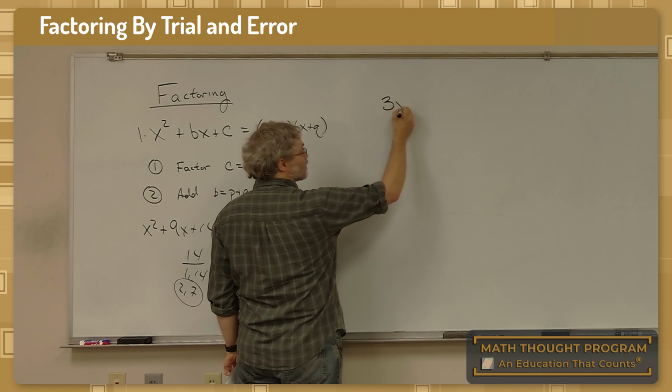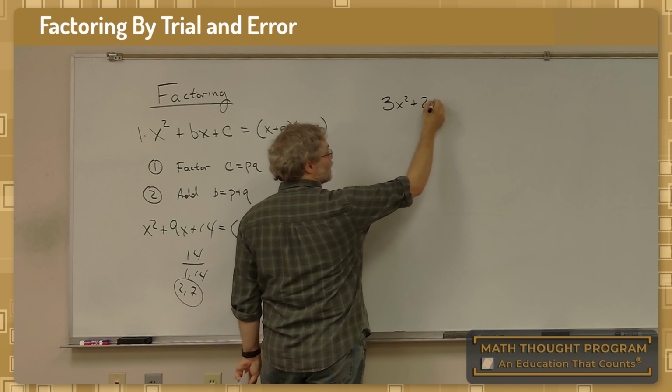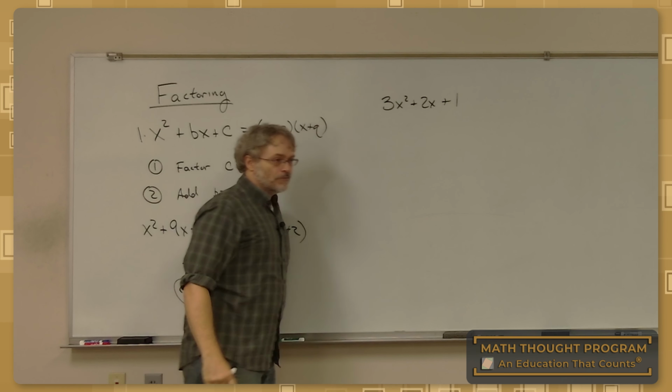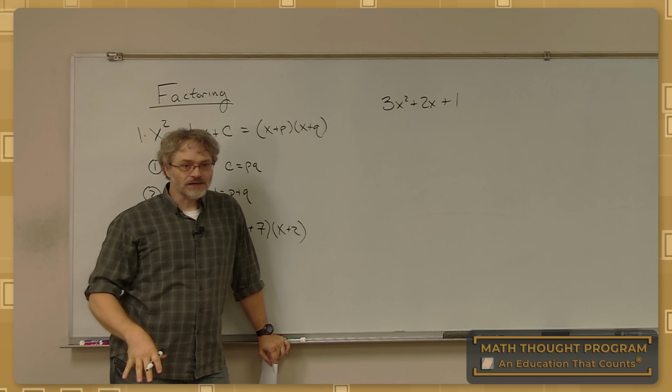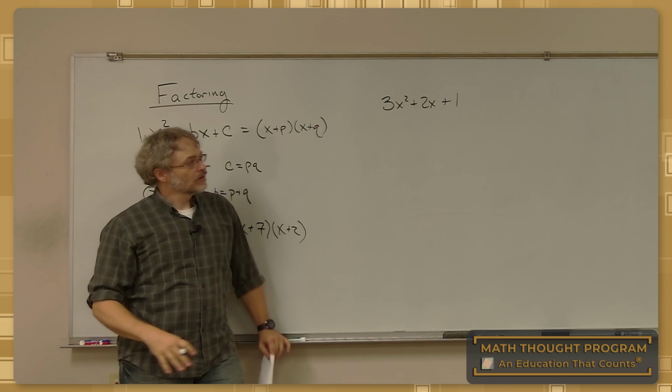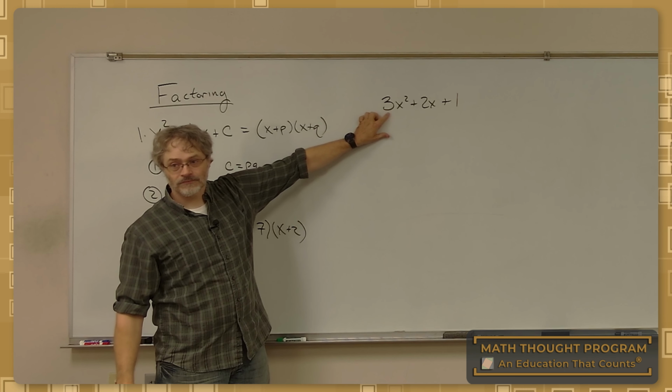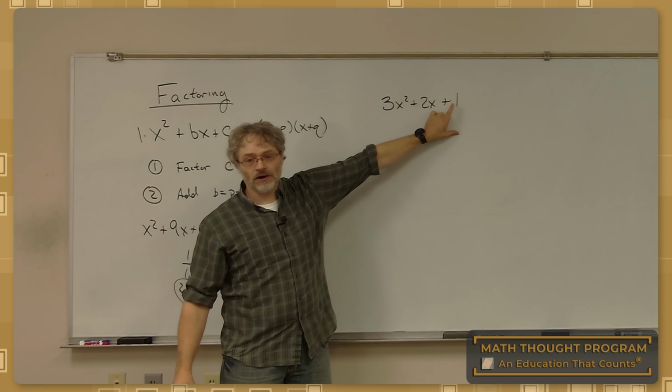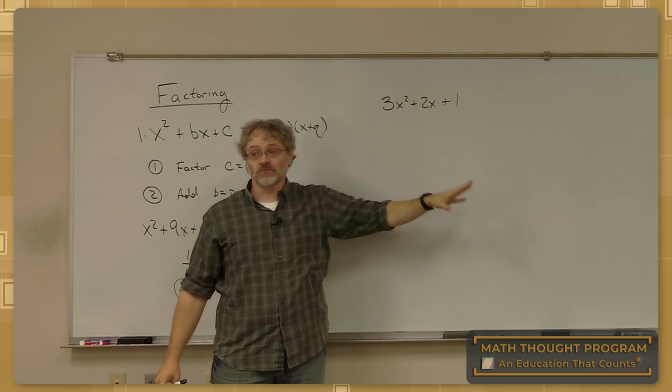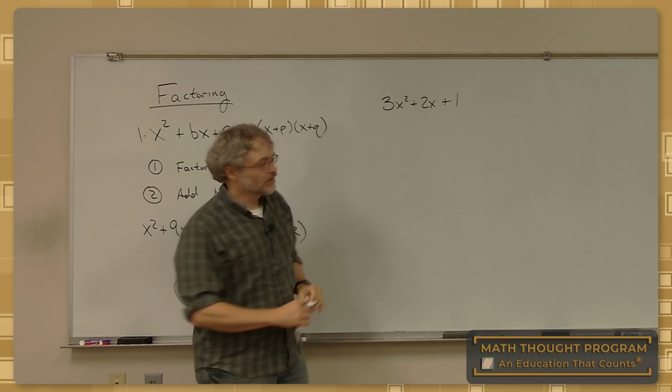So if I have something like 3x squared plus 2x plus 1, what I want to do in this particular case is just focus my attention on the leading coefficient and the constant at the very end and ask myself, what are its corresponding factors?